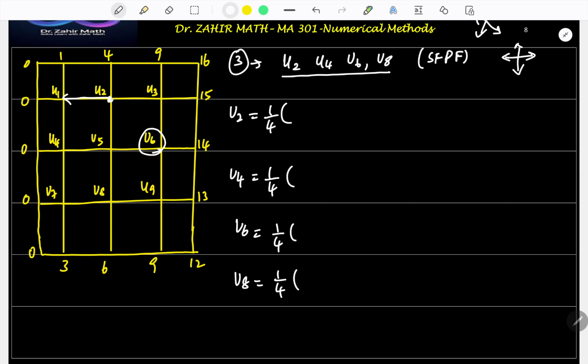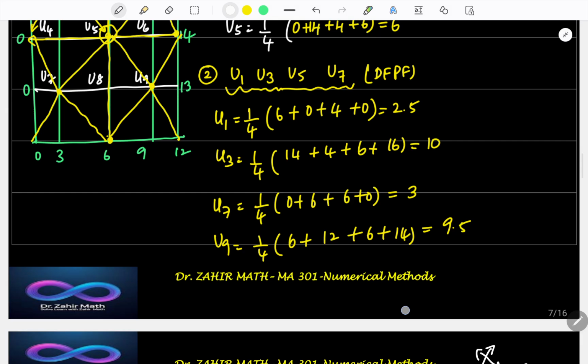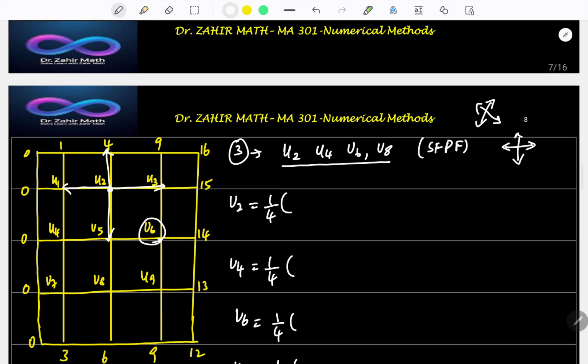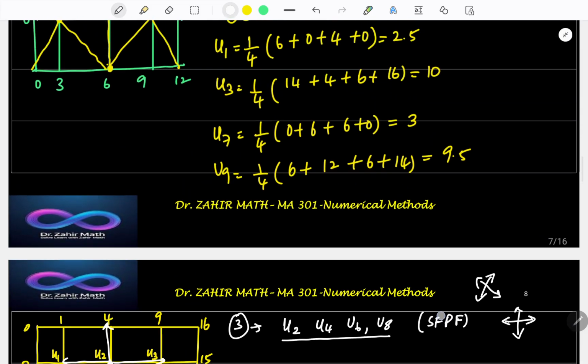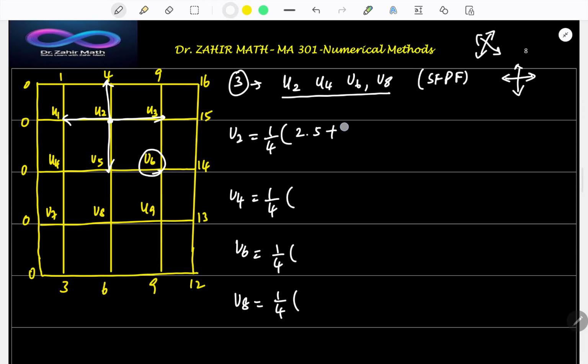So u1 and then u3, then u4 and then u5. What is your u1? u1 is 2.5 plus your u3 is 10 plus, then this is 4 plus u5 is 6. Clear? So in this way, we are going to calculate all u4, u6, u8 using the standard 5-point formula.